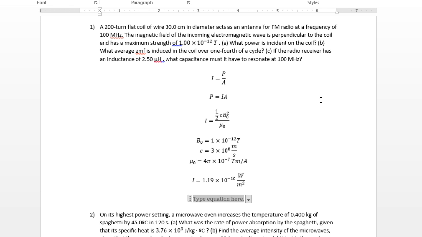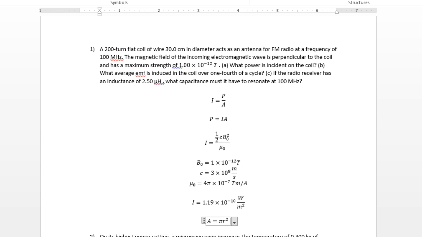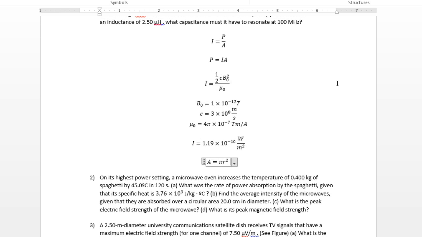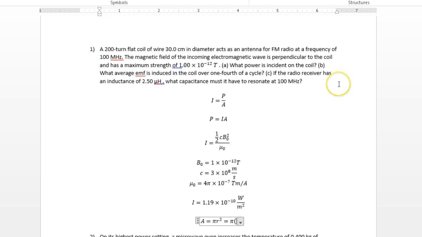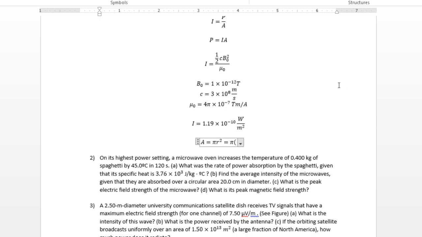Now we need to get the power. So the area is pi r squared, right? So that is pi times, what's our diameter? 30 centimeters, so the radius is 0.15 meters, squared.